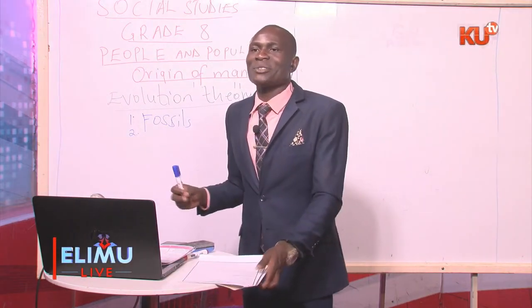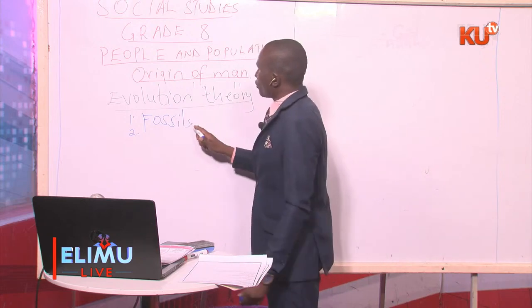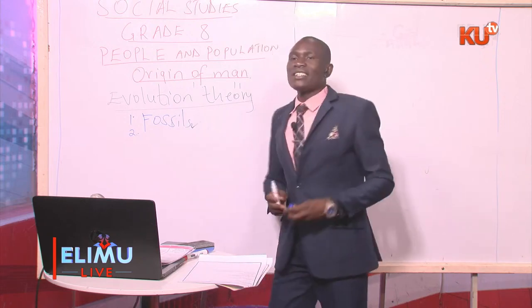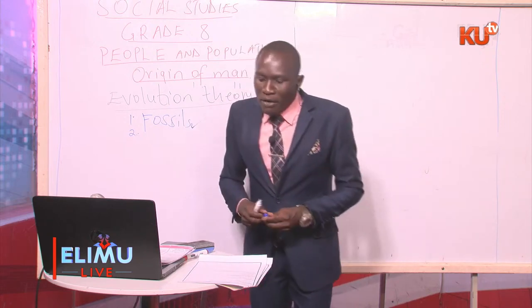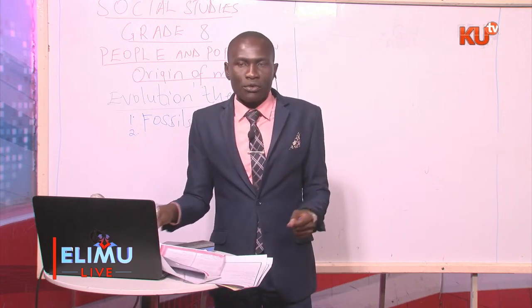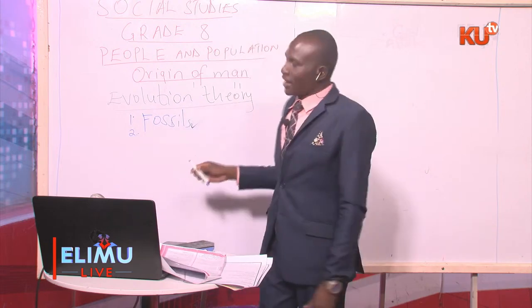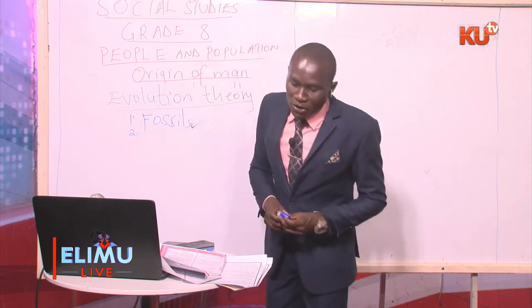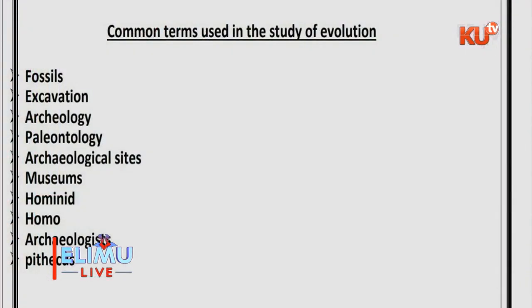So, what is a fossil? Use the number that you can see on the screen to tell us what a fossil is. Remember, these are some of the terms we will be meeting as we move on with our lesson. So what are fossils? And number two, what are excavations?